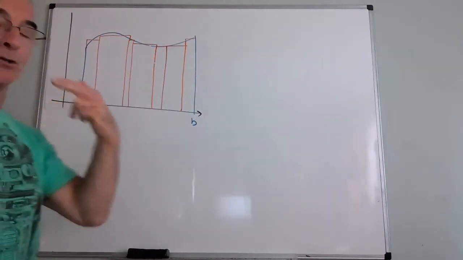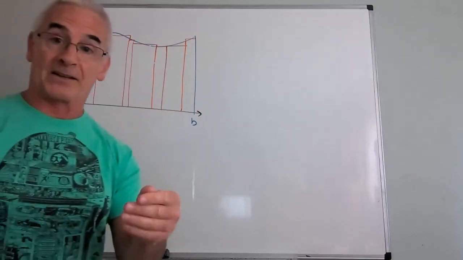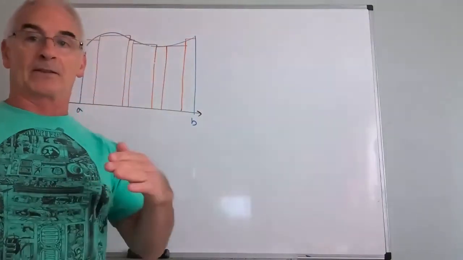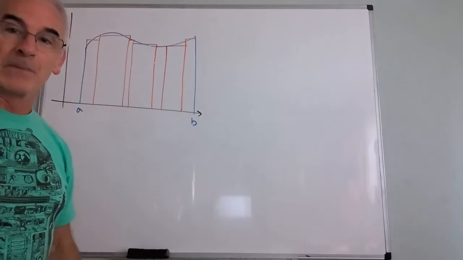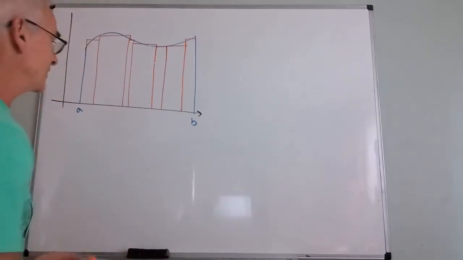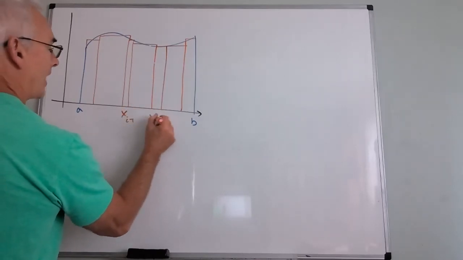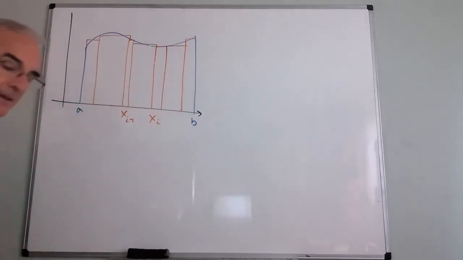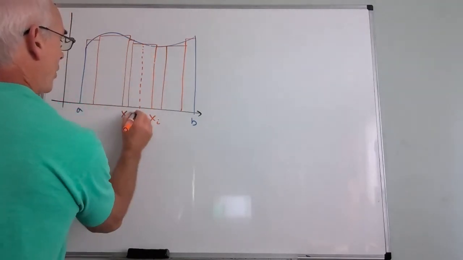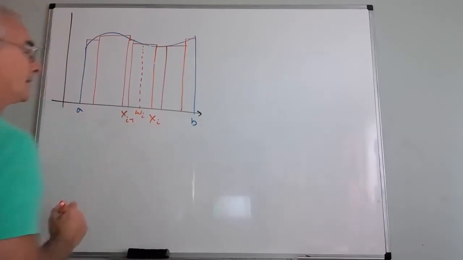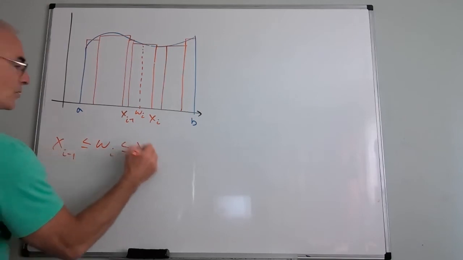In the previous example, we could only use the right endpoint. We used the right endpoint and went across. So that meant the first rectangle, the height was f of x1. The second rectangle, the height was f of x2, and so on. Now we're just being random, totally random, because this is actually the most general way of doing this. So like before, let's say this is x sub i minus 1, and this is x sub i, making this the ith rectangle. And in fact, this spot that we chose right here, let's call that w sub i, where w is somewhere between x sub i minus 1 and x sub i.